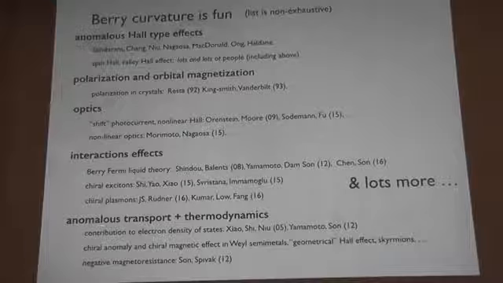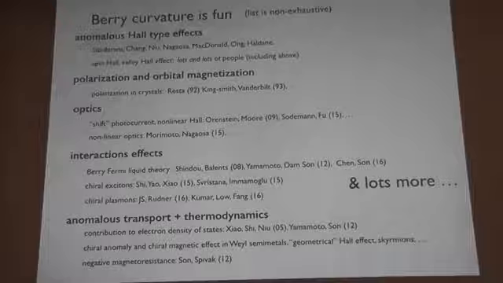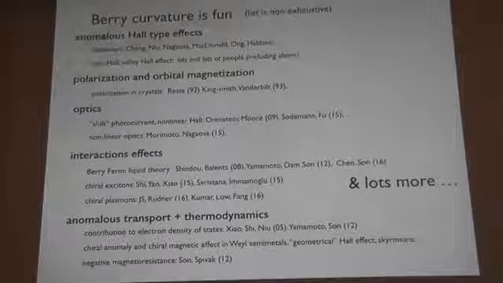There's also new kind of anomalous transport stuff that happens in these materials that go beyond just anomalous Hall type effects. So apparently Berry curvature is related to two interesting effects, like the chiral magnetic effect and chiral anomaly effect in these Weyl metals. And they can be seen in a variety of ways, including via negative magnetoresistance. So there's been some activity recently experimentally on that front.